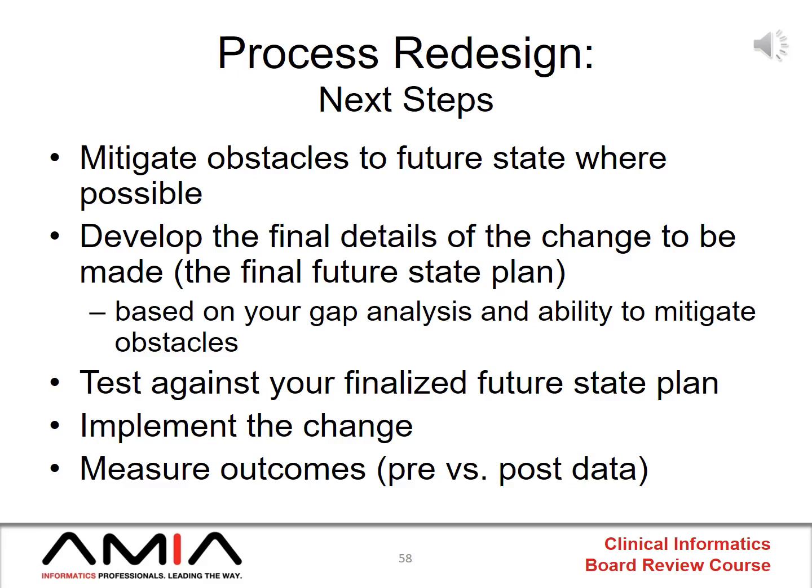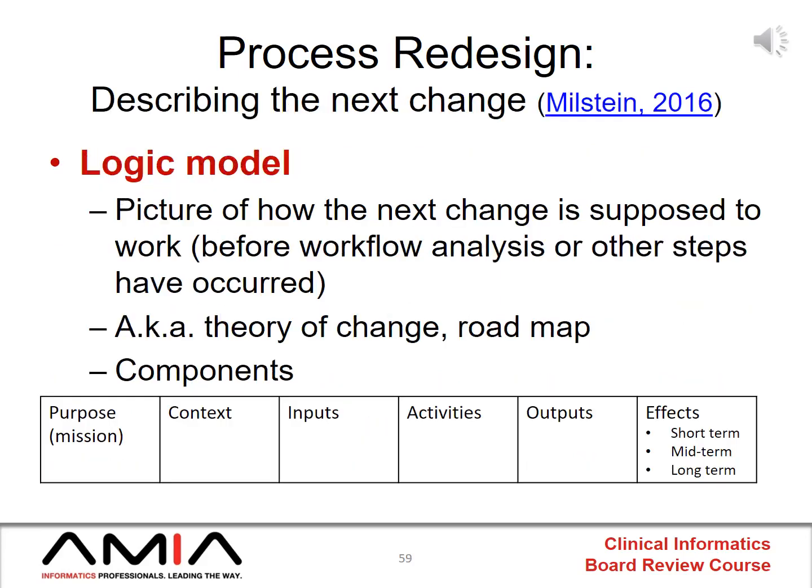I would just like to note that in measuring outcomes, it's very important to make sure that you measure baseline data. Otherwise, sometimes it can be very hard to measure the change that you've made. So after you have implemented your change and measured your outcomes, the next step in process redesign is to plan the next change for the next cycle or iteration of your continuous quality improvement.